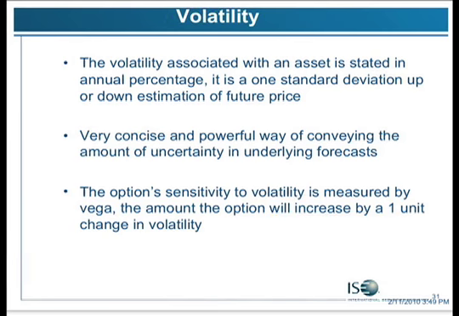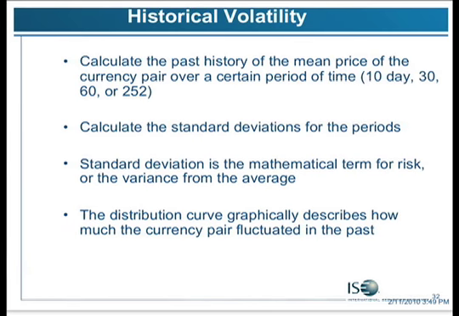I can look at historic volatility, and all historic volatility really does is look at the currency pair value and how much did that actually move. 87.94, 87.91, or 87.88. The lower range would give you a lower volatility.